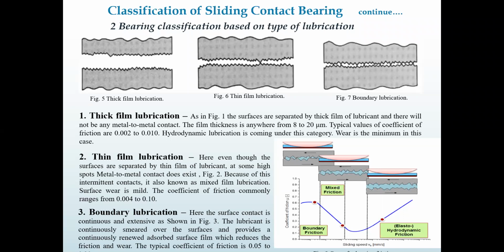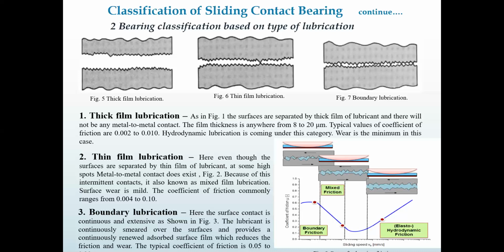If the rotating speed is high, then metal to metal contact is directly avoided. If the speed is medium, then the friction depends upon the viscosity of the lubricant, and the mixed type of friction will increase.